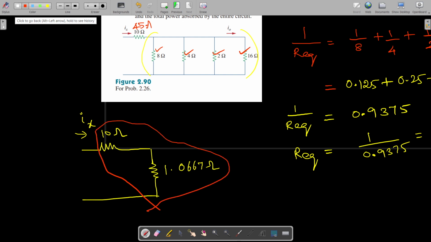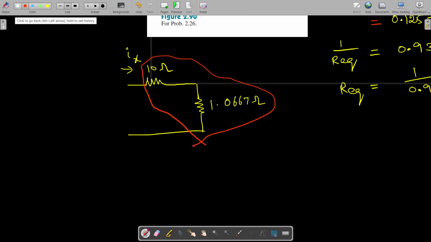So we can add them, and we get the new circuit as a single resistance of 11.0667 ohms. This is the new equivalent circuit we got, isn't it?